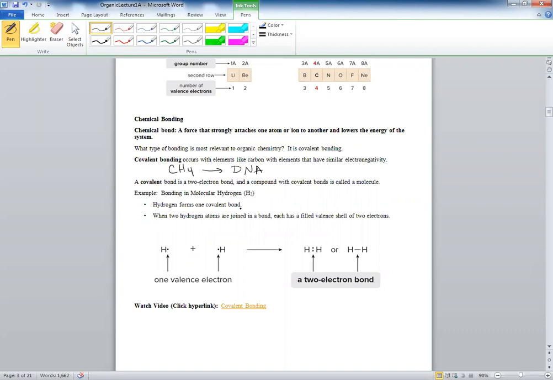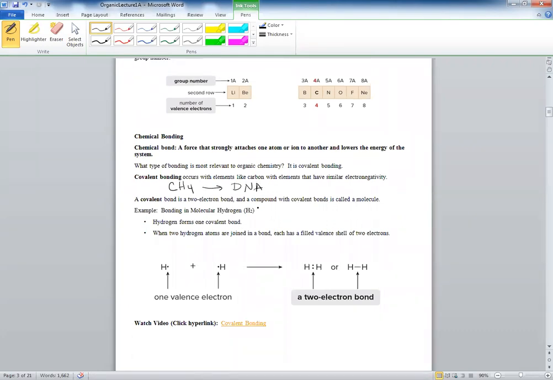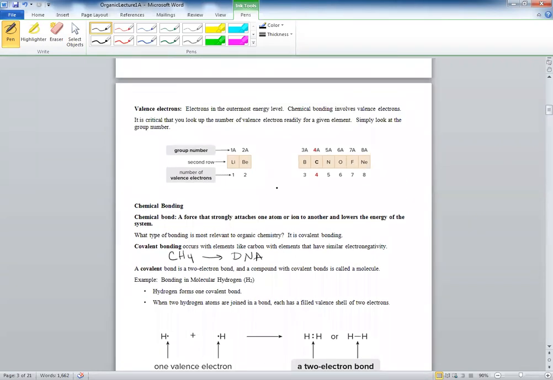Now, before we delve into chemical bonding and covalent bonding, we would like to talk about valence electrons. And remember, this is only a review of general chemistry concepts. Valence electrons are electrons on the outermost energy shell or level. So they're the ones capable of bonding because they're on the outside.